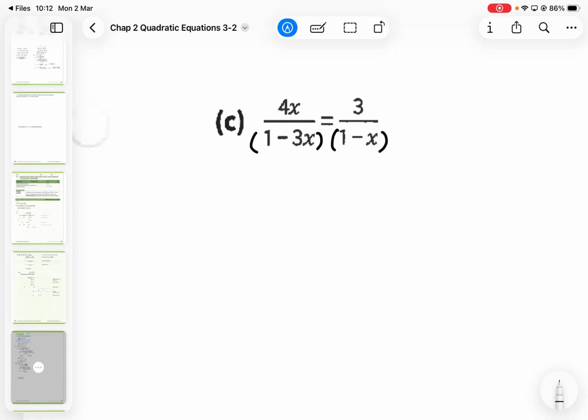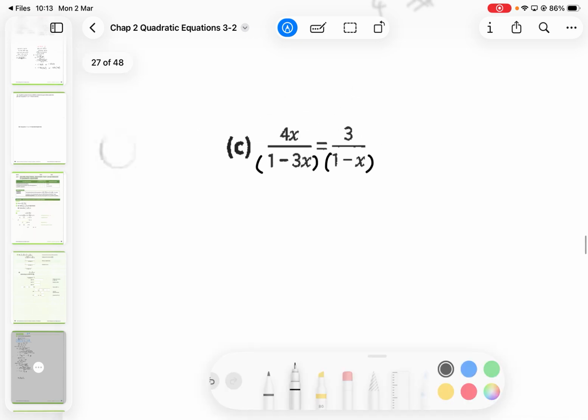Just now I want to remove x from denominator. That's why I multiply x to everything. Now the denominator is a bracket. So I need to multiply the bracket to everything. Then I have 2. This one I have this bracket. So I also need to multiply this bracket to everything.